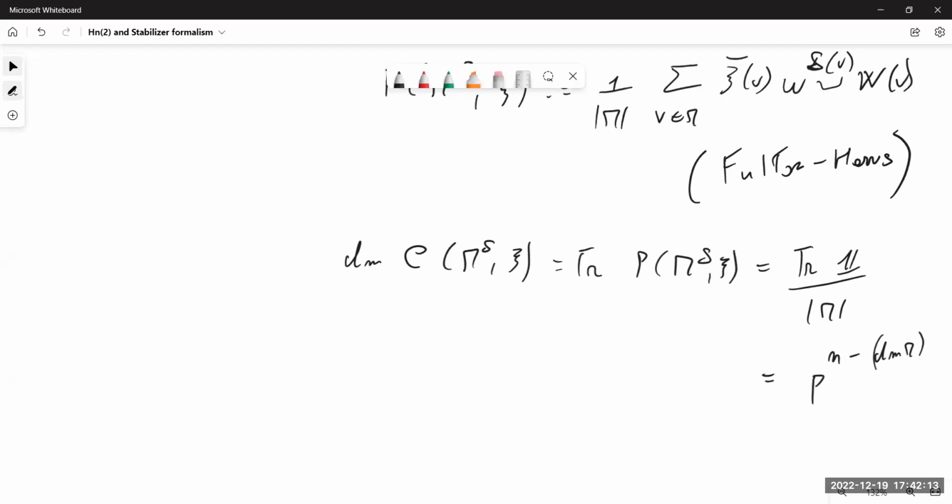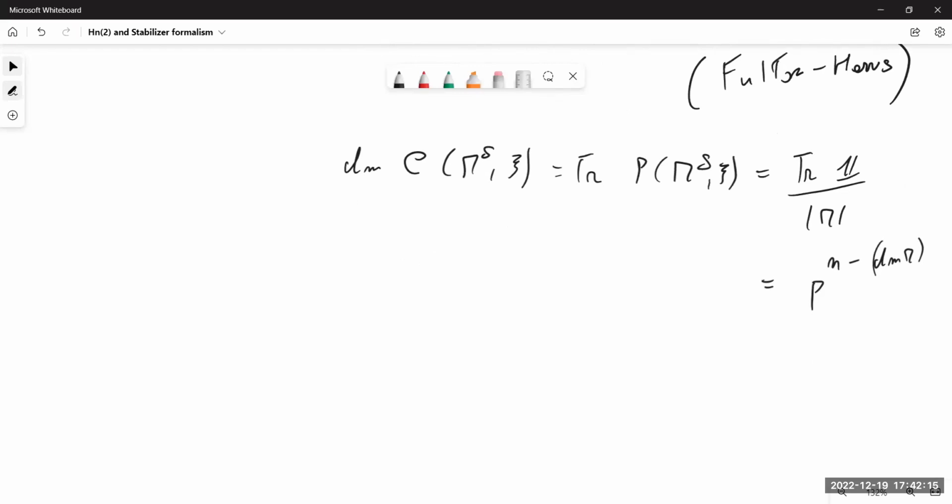Okay, and now I stop because we are over time again. If M is Lagrangian, then you basically obtain that this space here is one-dimensional.